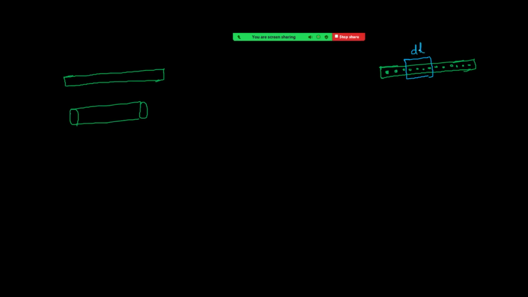In this dl length, current is now K into dl. So here by symmetry, this is actually a combination of infinitely long wires. I am repeating.